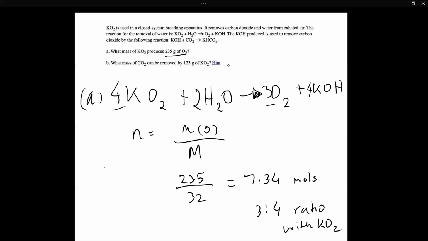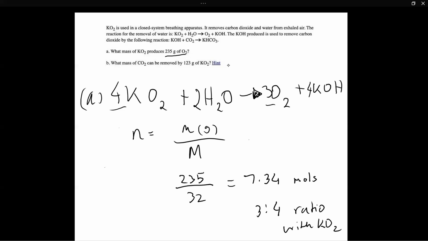So this is very easy. Actually, some students may find this a bit difficult when the ratios are not in whole numbers. If the ratio was 1 to 2, then it's easy to find the number of moles for another substance because you just have to multiply by 2 or divide by 2. But in this case, you're dealing with a fraction, and that is also extremely simple.